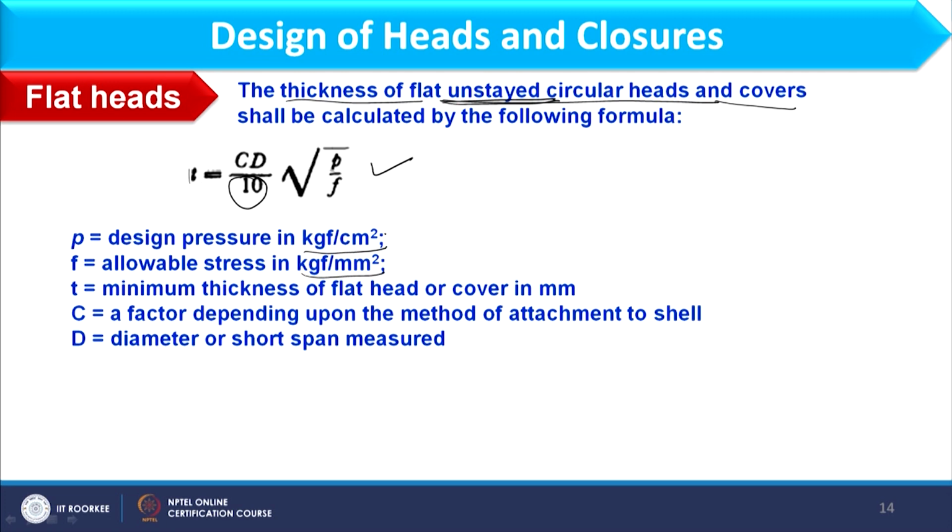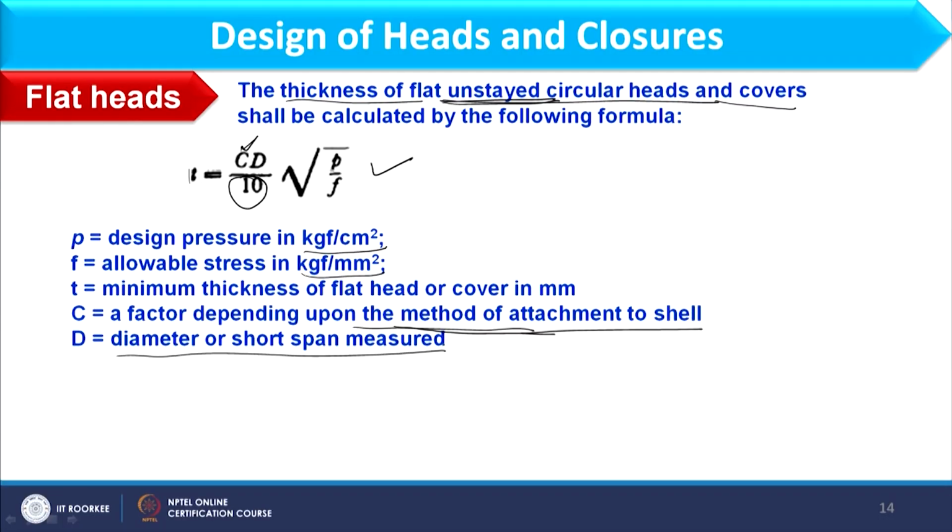If I am considering pressure and allowable stress in the same unit, that is Newton per meter square, then this 10 will not appear. In this formula, T, which is the minimum thickness, is found in mm and C is the factor that depends upon the method of attachment to the shell. It means how this head is attached to the shell, accordingly the value of C varies.